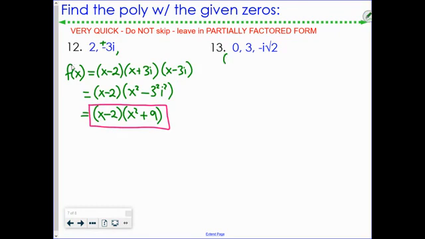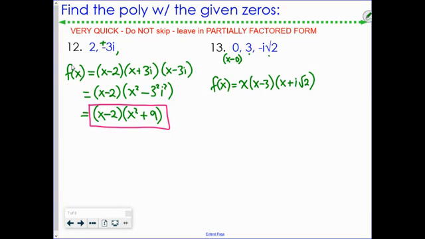Okay, so we've got a 0. The factor is x minus 0, which is simply x. Our next factor, this one, would give us x minus 3. This one here would give us x minus i, which would be x plus i, yuck.